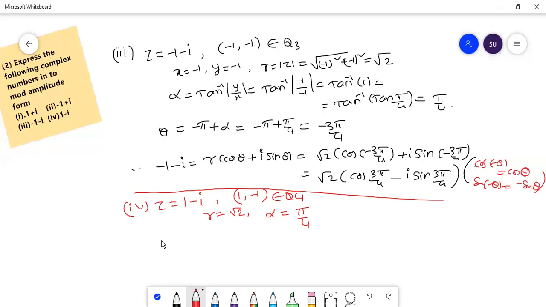Now since z belongs to Q4, theta is equal to minus alpha, that is equal to minus pi by 4.